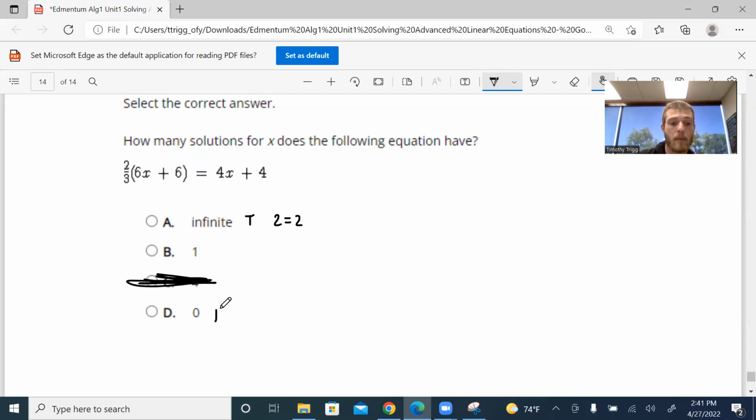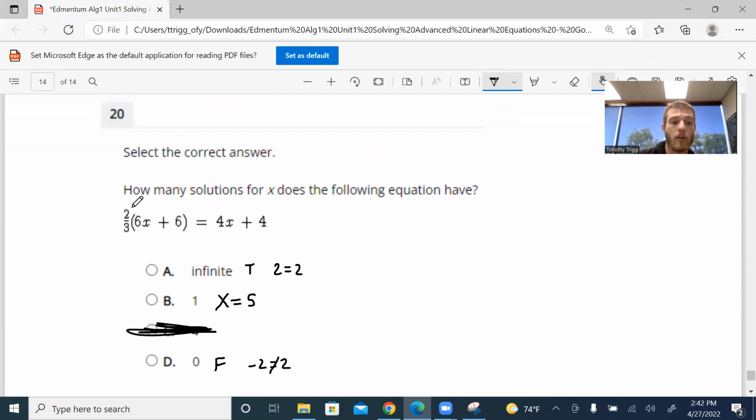A false statement, something like -2 equals 2. This is false, right? So that's not true. So if you end up with something where there's no x's involved and it's not true, that has no solution. And if it has one solution, that just is if you actually get a solution, something like x equals 5 or something.